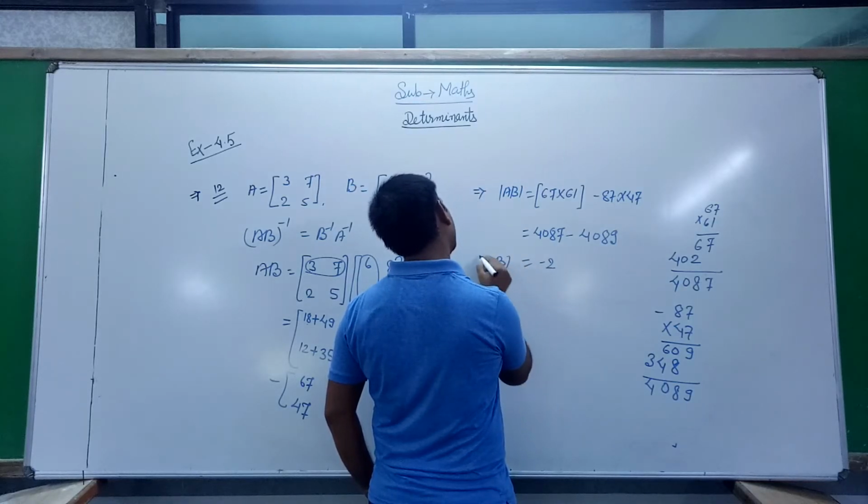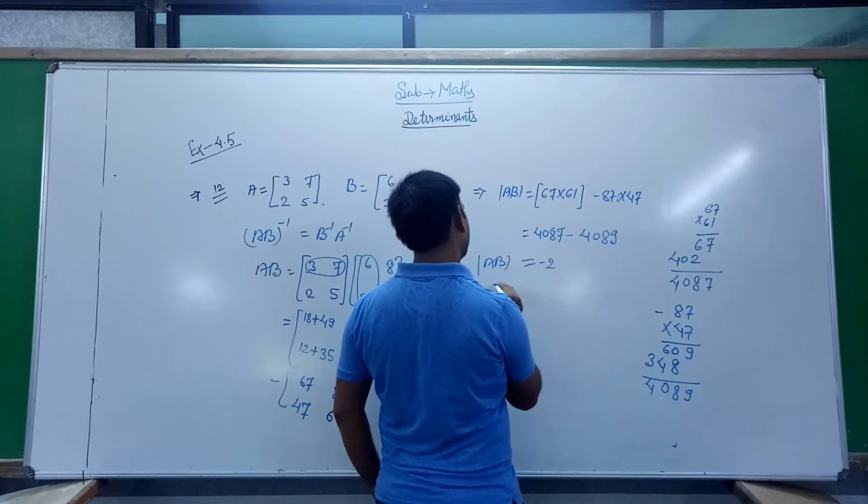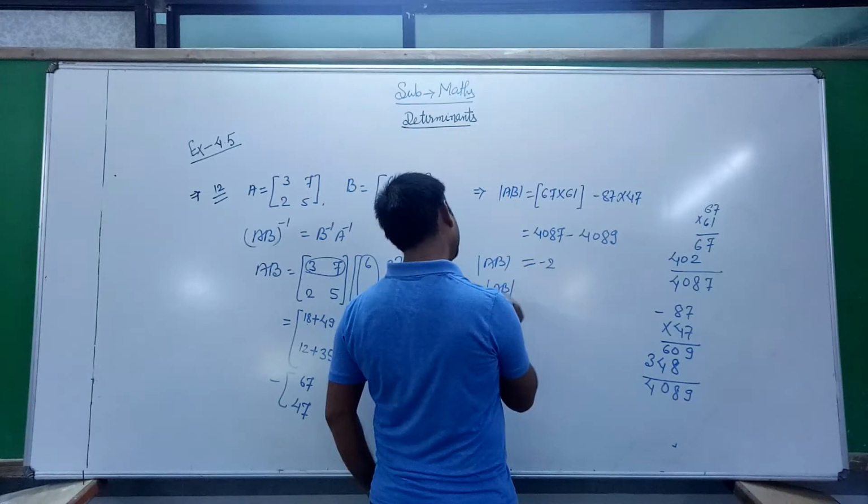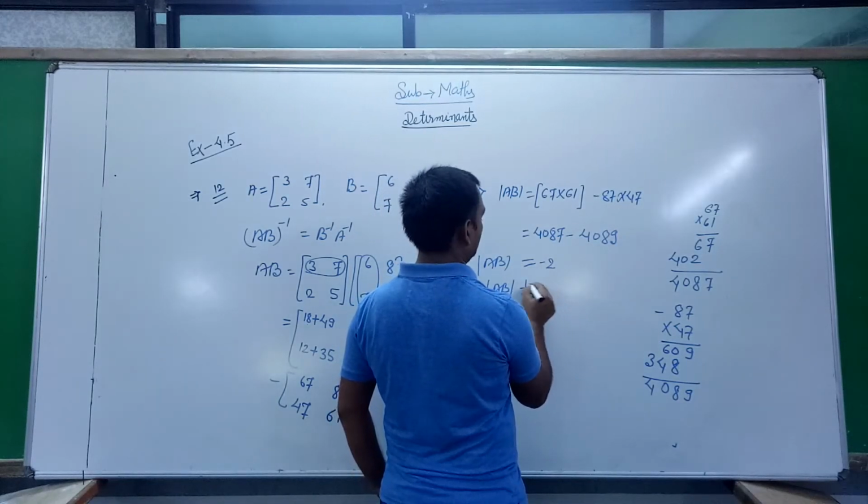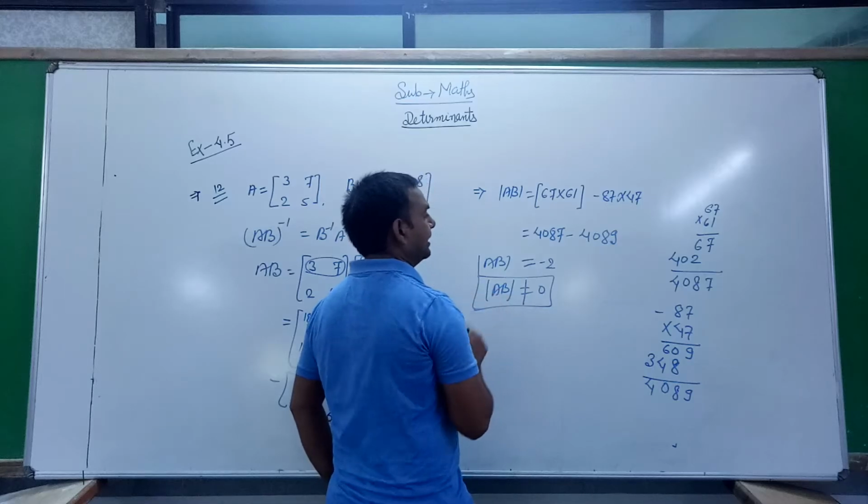So mod AB does not equal 0, so the inverse exists.